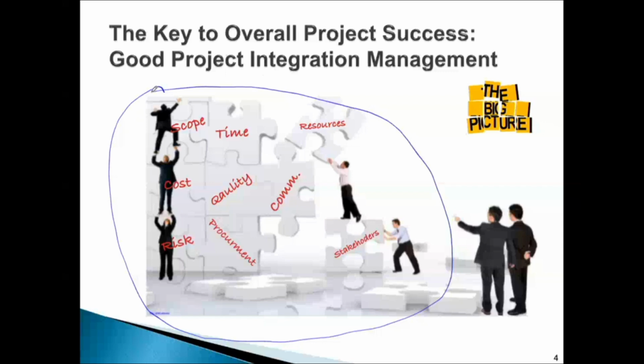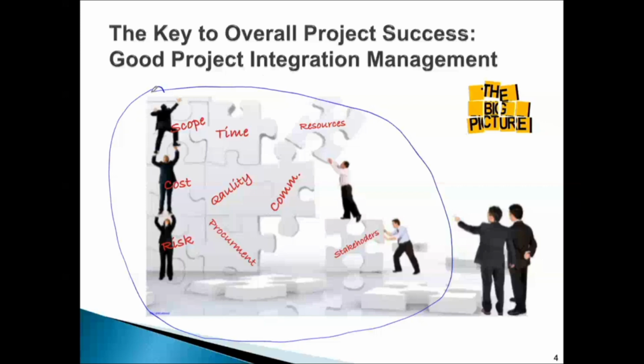Stakeholders are satisfied, procurement is done properly, and you kept in mind all the risks that you're going to encounter, and if they happen, how you're going to deal with them, or how you dealt with these risks, okay? So all these need to be in your mind as a project manager, and you need to coordinate everything with everything, okay?